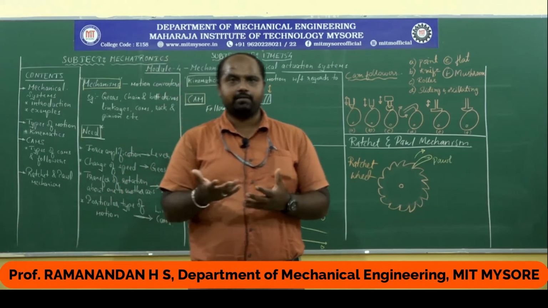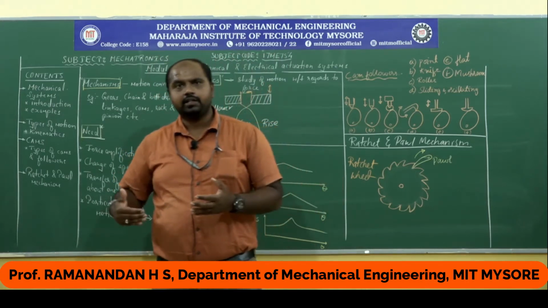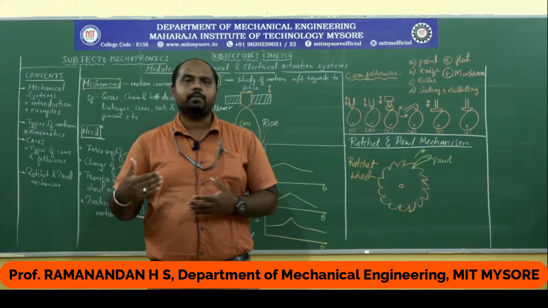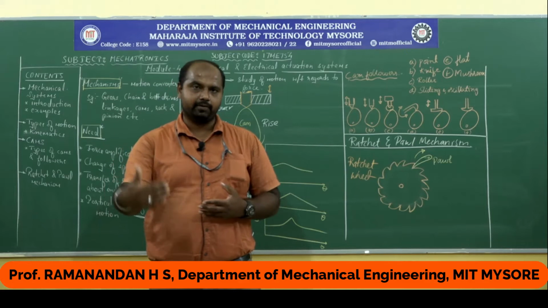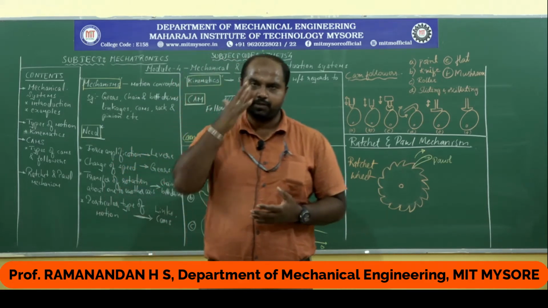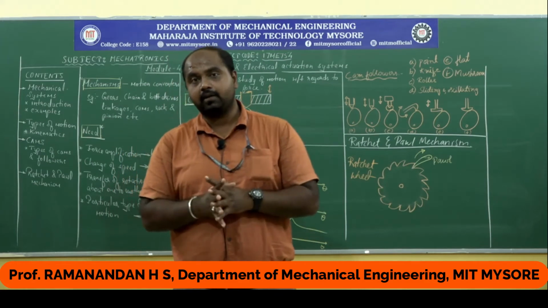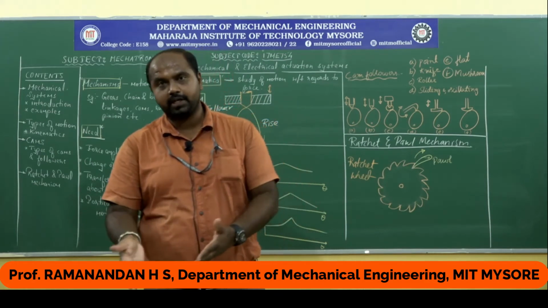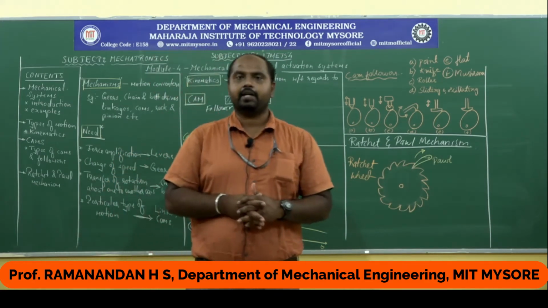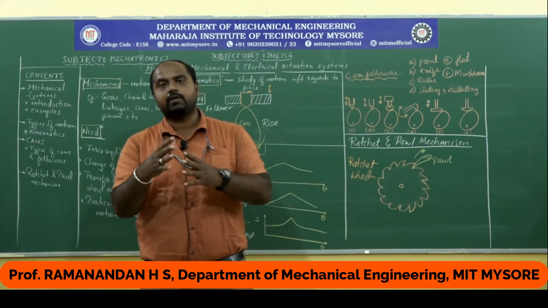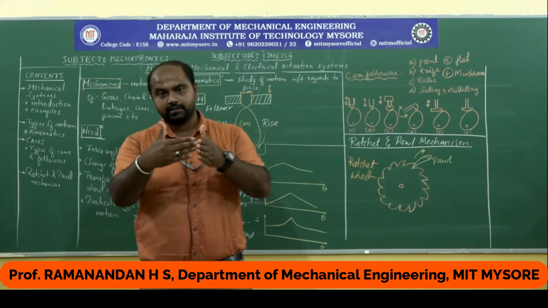In automobiles, usually it is a chain-driven transmission system, or it may be a toothed belt or belt drive in a gearless transmission. If you just imagine a machine or a vehicle, you will see that the rotation is transmitted from one axis to another axis.